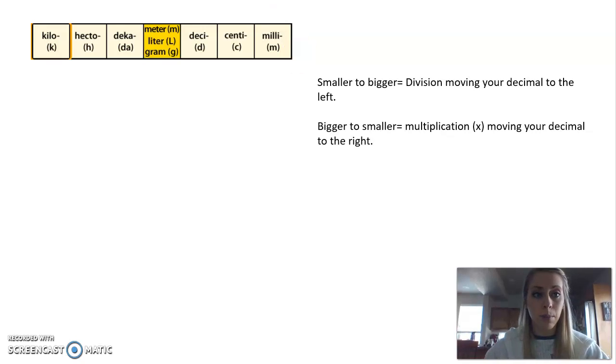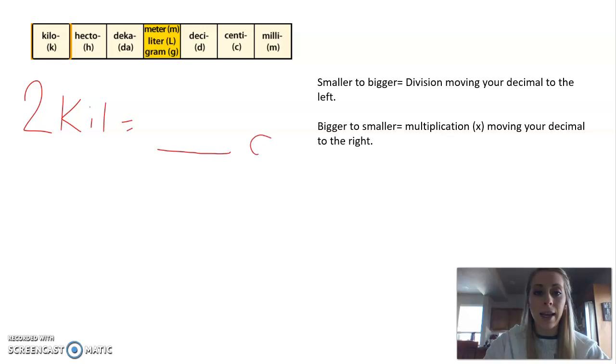So, for example, say that I have 2 kilometers, and I am trying to get to how many decameters that means, okay? So, what I do is I look at the kilometers, I go 1 loop, 2 loops, and that gives me 2 decameters.